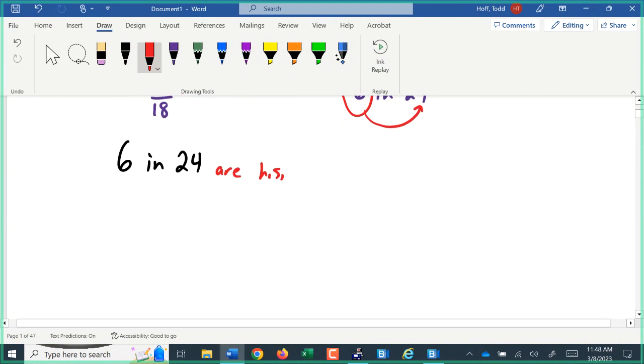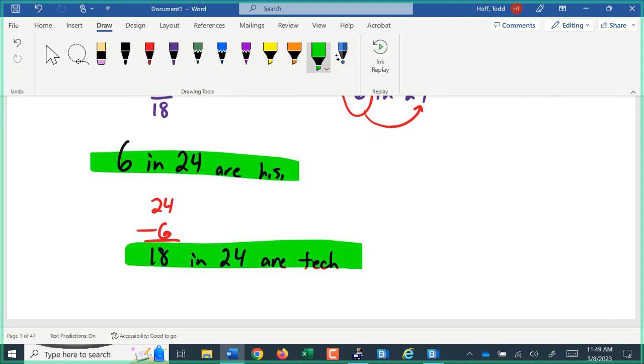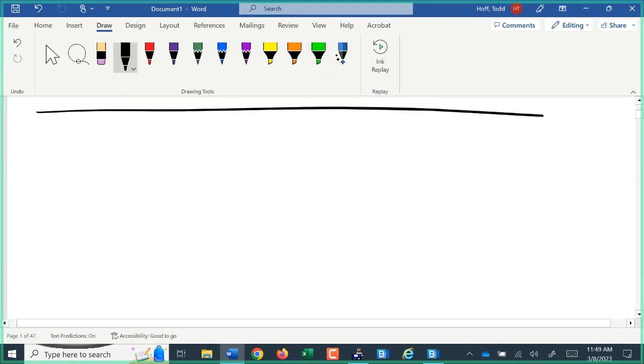Well, then it implies I can find 24 minus 6, or 18 in 24, are tech students. And so that relationship of the two parts coming together to make the whole allows us to make those two different ratios.